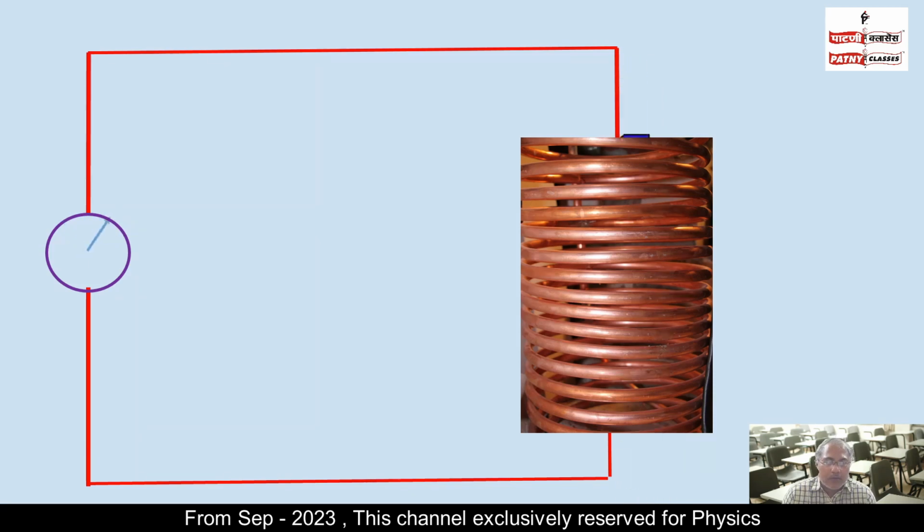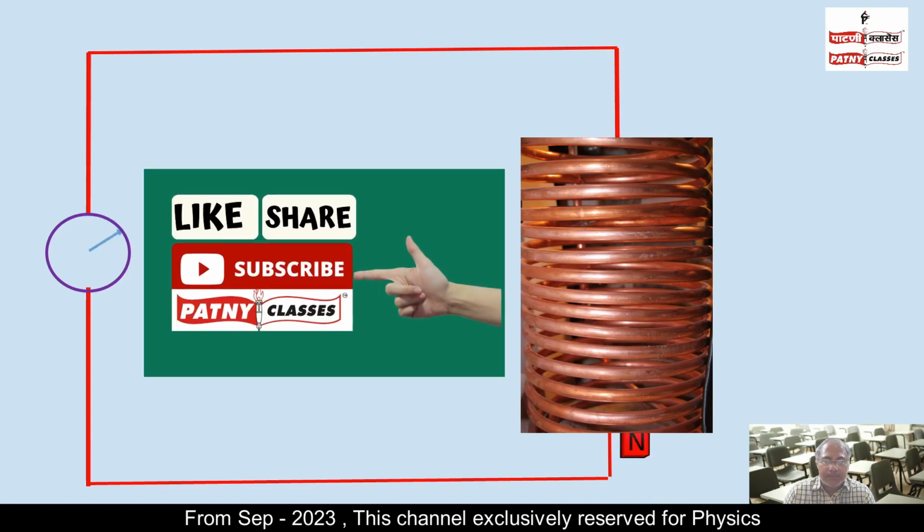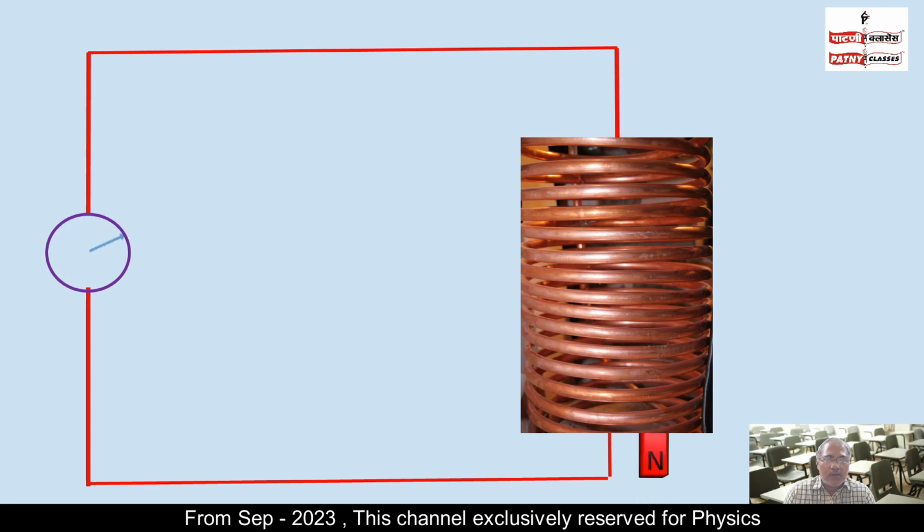Here, I wish to clear one thing: a galvanometer shows a reading only when it is connected across a cell or a battery. Unless a galvanometer is connected to some voltage source, it will not show a reading. In this circuit, no voltage source is present.